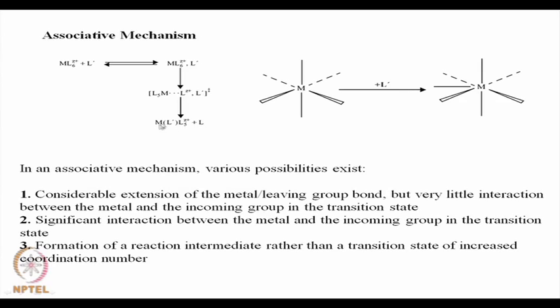What has happened is ML'L5^Z+. It is similar to an SN2 kind of mechanism, where the transition state, like a tetrahedral carbon atom, becomes 5-coordinated in the transition state, and then the other ligand is lost.